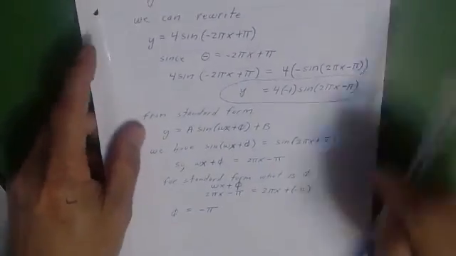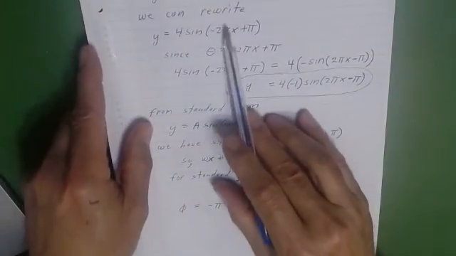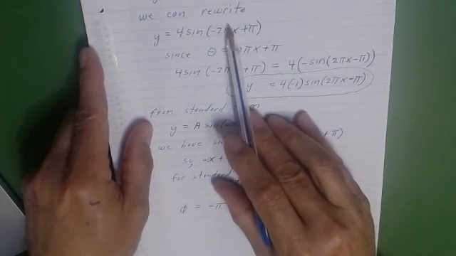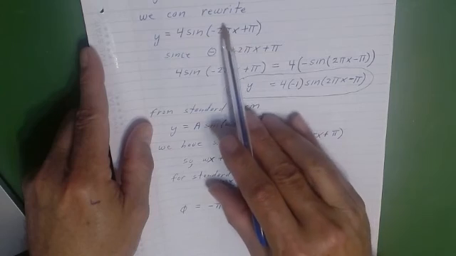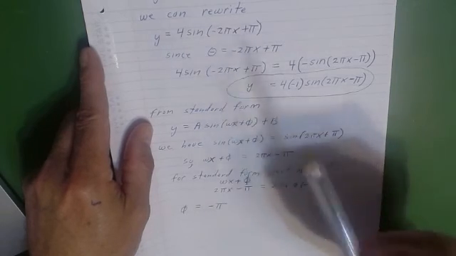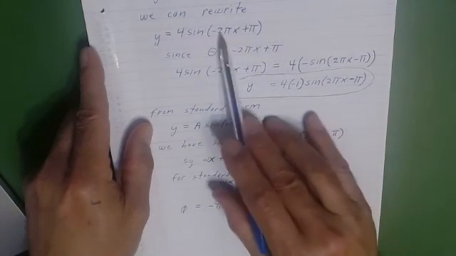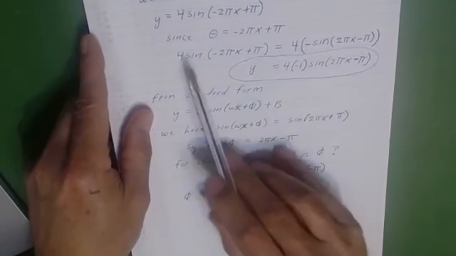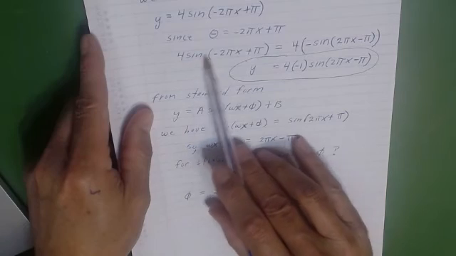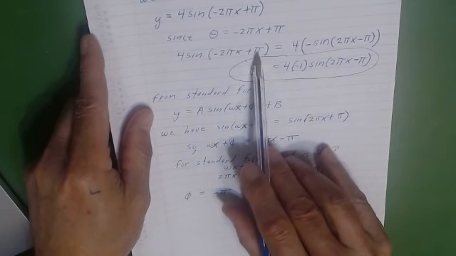Let's do that then. So here's our problem, and our problem was we wanted this to be a positive number in front of the x in order to get our omega that we need for our standard form. So theta is this whole angle, minus 2 pi x plus pi. Here's the function, 4 times the sine of that, okay?